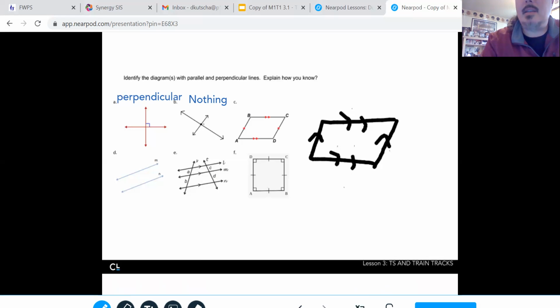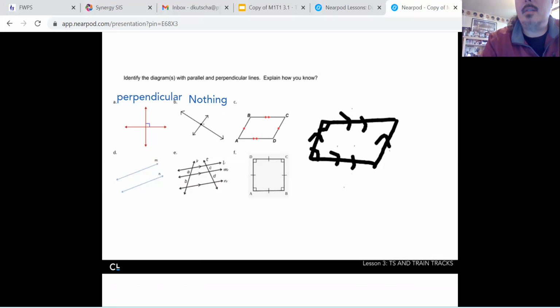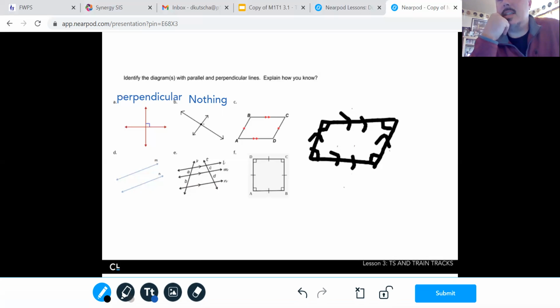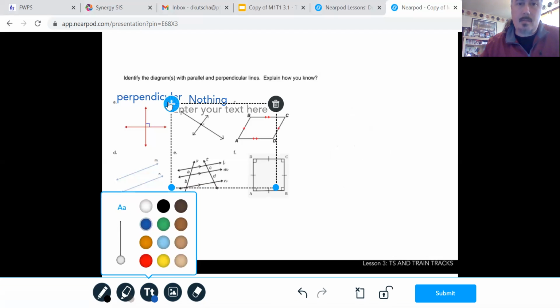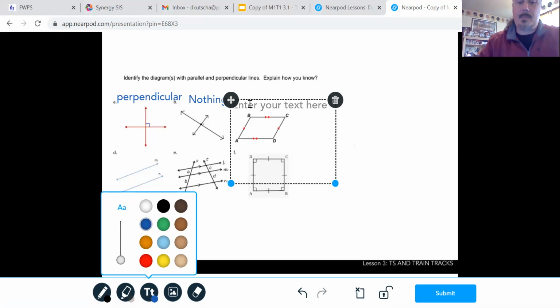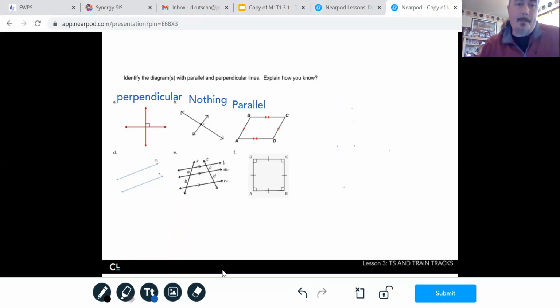Unless there's boxes in the corner, no, I cannot say we have perpendicular lines, because the definition of perpendicular lines is that 2 lines create a 90-degree angle. So in our example, we can only say we are parallel.